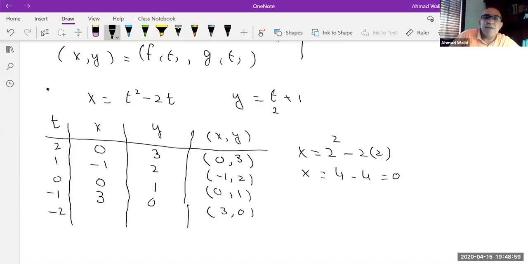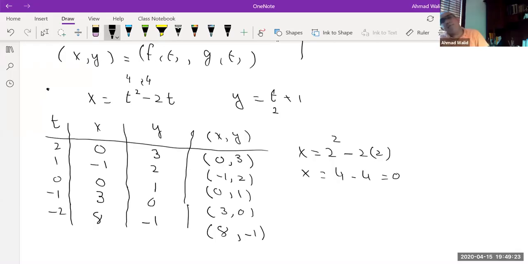And last, if I plug in -2, -2 squared gives me 4, and -2 times -2 gives me +4. 4 plus 4 means 8. How much is y? -2 plus 1 gives you -1. It means you get another point, 8 and -1.